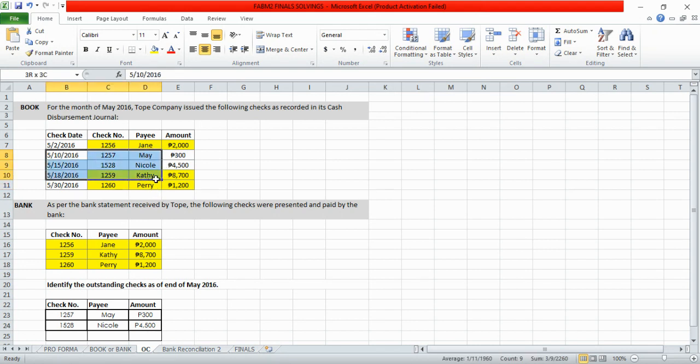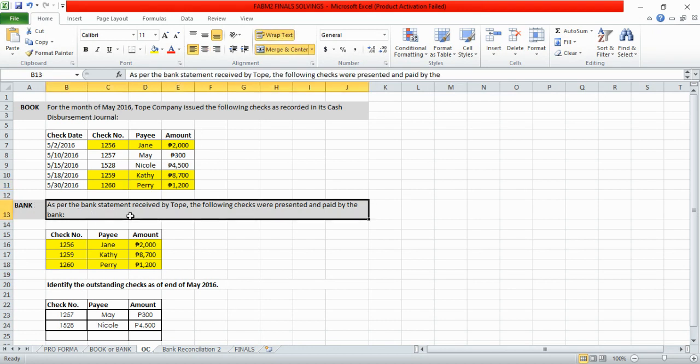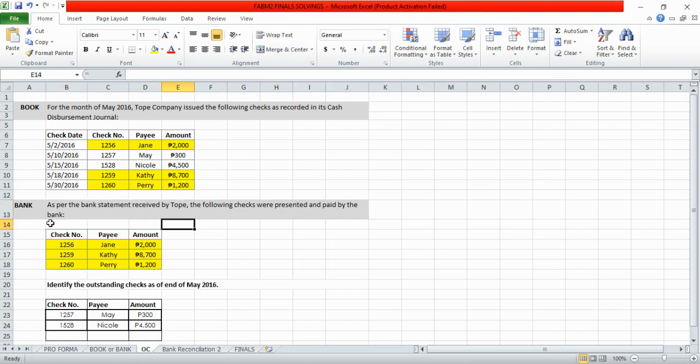Okay, so this time we have to check. That is for the book. Now we have the bank statement. As per the bank statement received, the following checks were presented and paid by the bank. We have check numbers 1256, 1259, and 1260, and the payees' names.